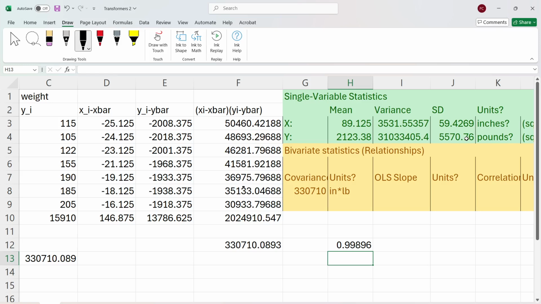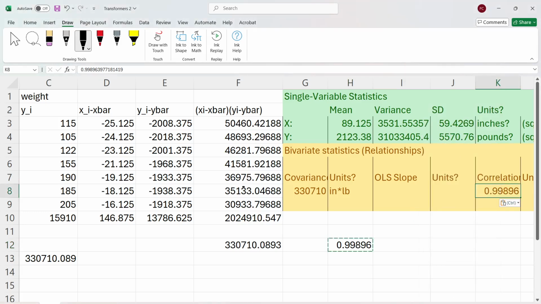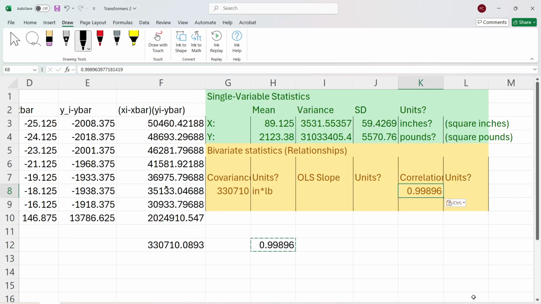Sure enough, extremely high correlation, almost equal to 1, 0.99896. The highest correlation can ever be is 1. The lowest it can ever be is -1. And somewhere like 0 would be close to no relation between these variables in a linear dependence type sense.